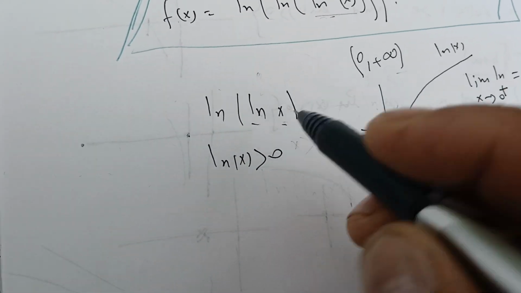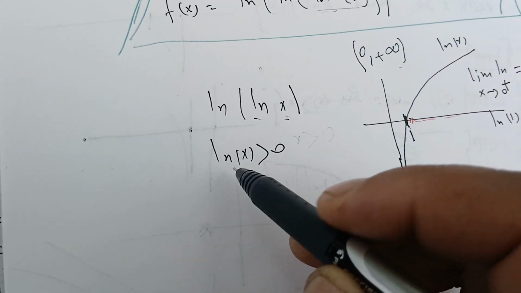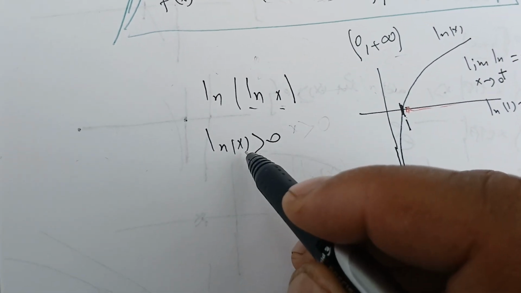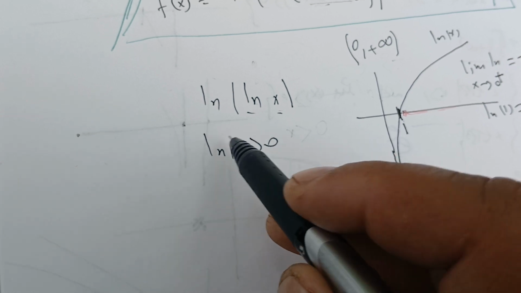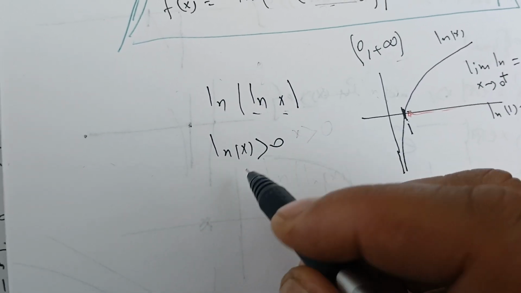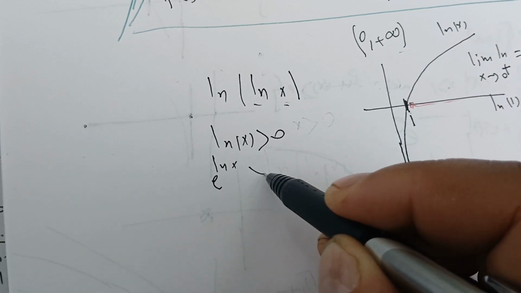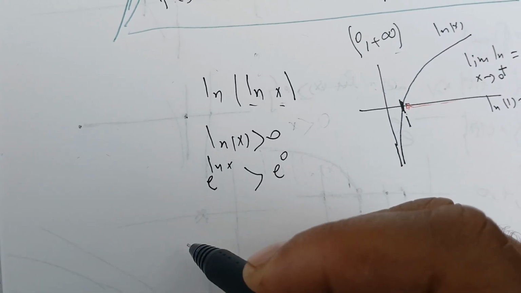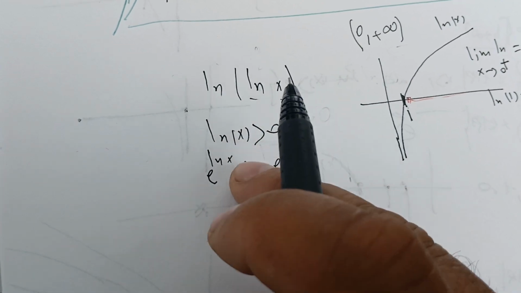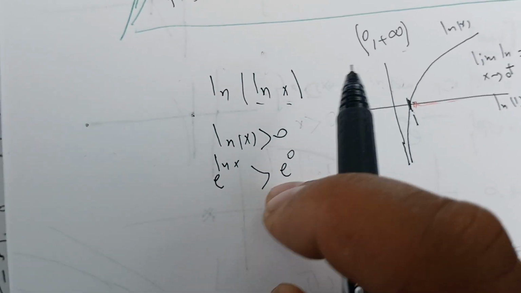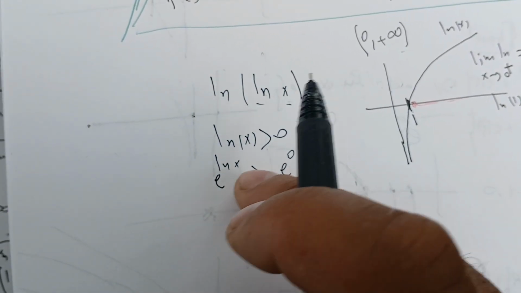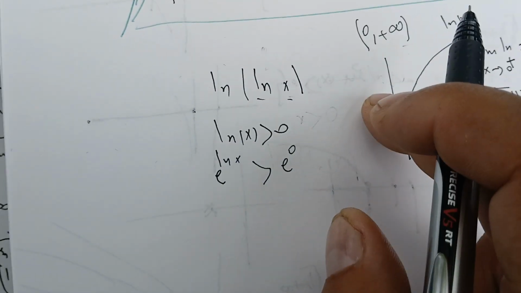And if we don't see it, we can just take the exponential, the inverse function of the natural log. So we take e to ln of x is bigger than e to 0. The sign didn't change because the exponential is an increasing function.